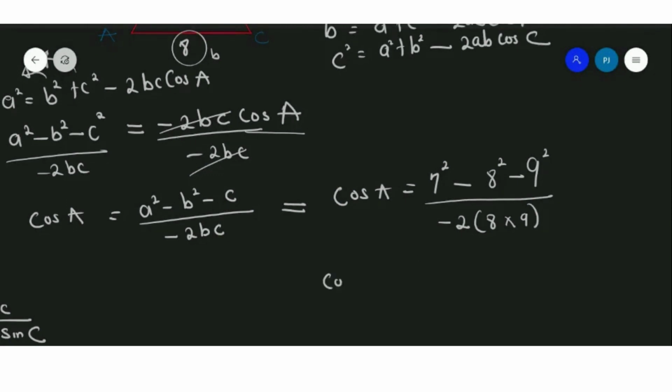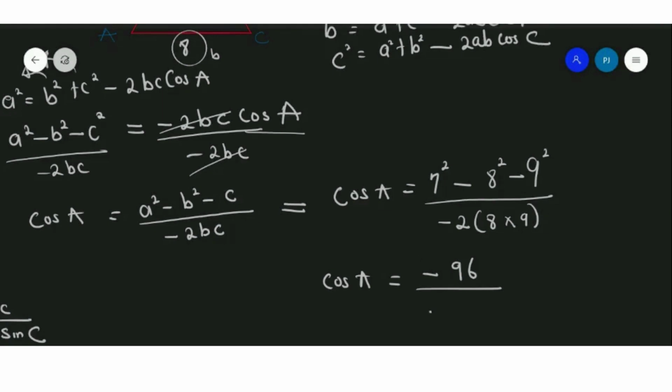So cos A is equal to 7 squared minus 8 squared minus 9 squared. Wow, can you imagine the progression? So I have negative 96 divided by minus 2 times 8 times 9.